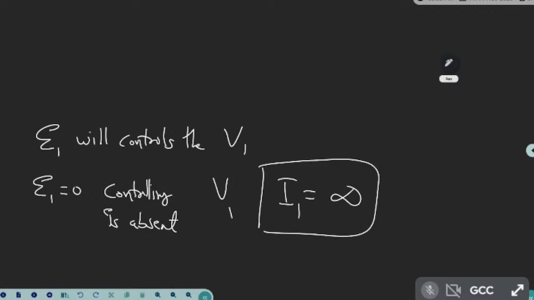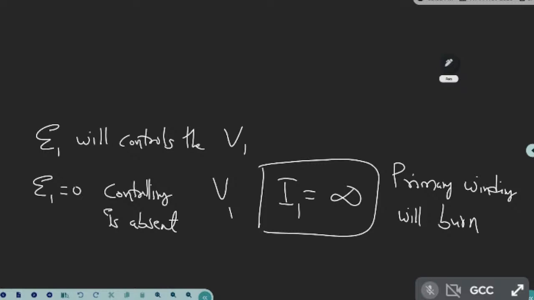Actually the primary induced EMF controls V1. Because there is no control, I1 goes to infinity. If current is infinity, the primary winding will burn.